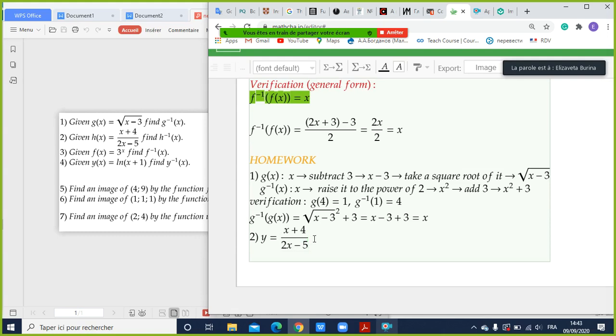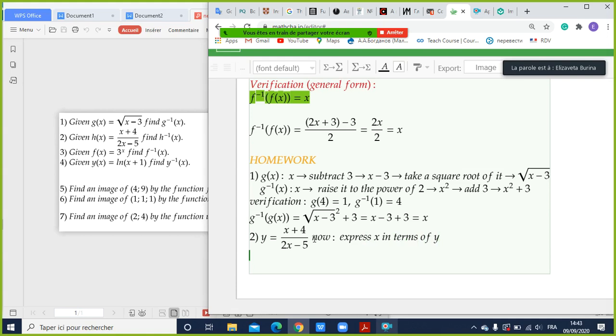Okay, well, great. So now we pretty much express x in terms of y. Let's start little by little. First of all, we multiply both sides of this equation, because it is an equation, by 2x minus 5.